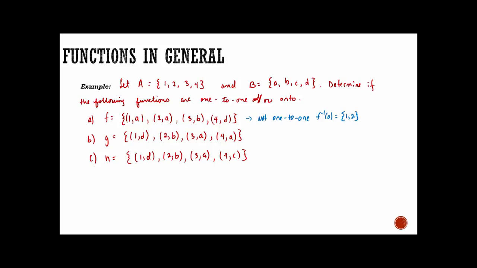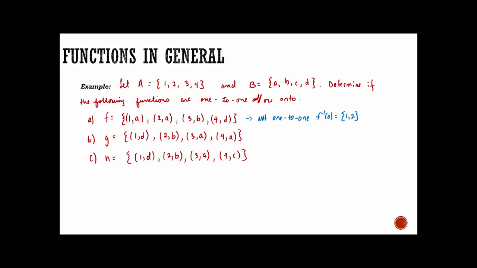So in order for it to be onto, for every value that you're defining for B, let's say you have three values in your set, 5, 7, and 10, there has to be a value corresponding to it in A. So for every value in your range, there has to be a value in your domain.